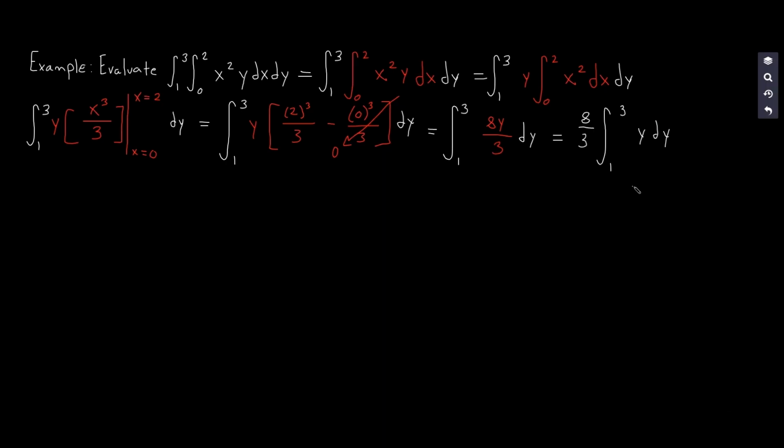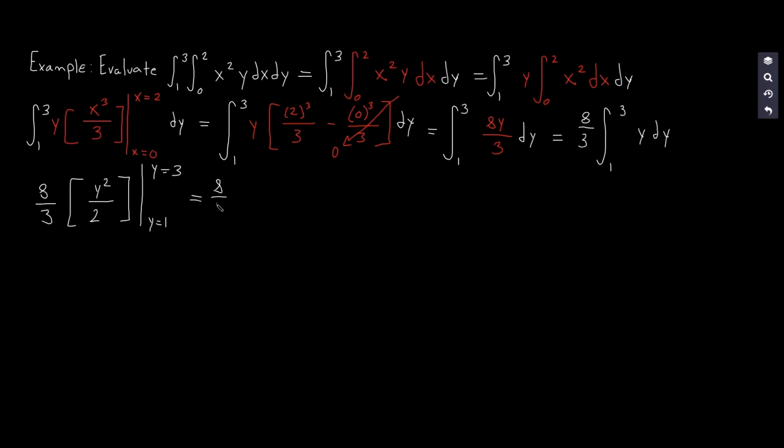And so with that, I'm going to have 8 over 3 times y squared over 2, because the power rule gets applied. And then as for the limits of integration, for the lower one, y equals 1, and for the upper limit of integration, y equals 3. And I'm just going to evaluate this like normal.